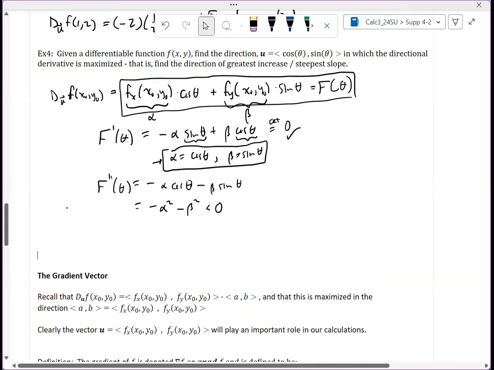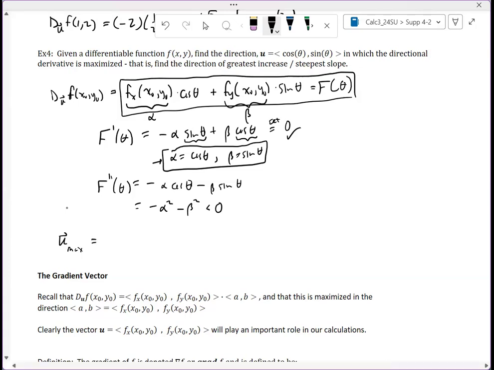Now, what's the crux of this problem? I mean, we got an answer, but remember our direction u, we'll call it u max, the direction that maximizes the directional derivative, is cos theta, sine theta. It's actually just alpha, beta.